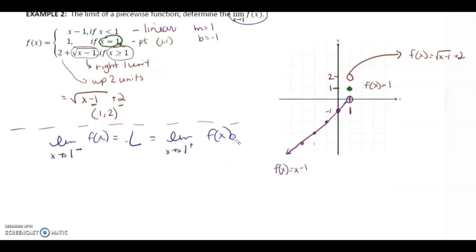So what we want to do is, because you're not always going to get a graph, and it's not always going to be so easily straightforward to graph it. Okay, this is quite straightforward.